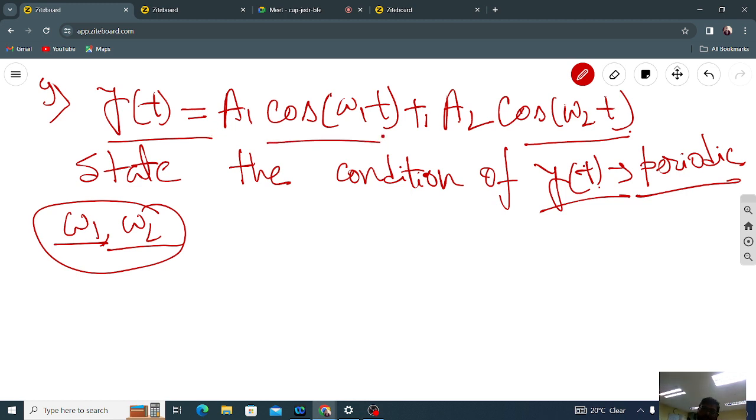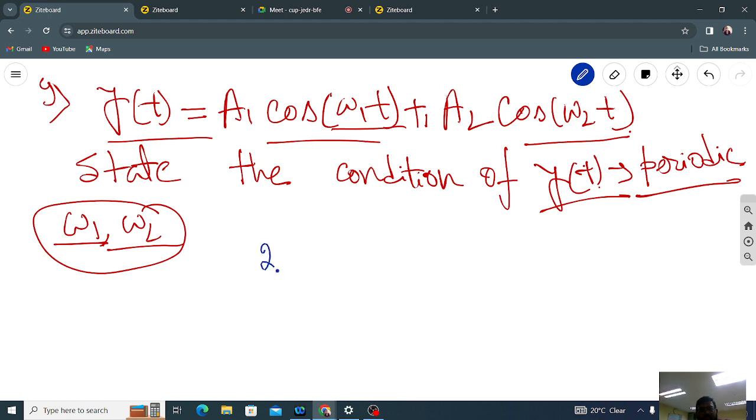Obviously this is for a continuous time signal. So this cos signal is periodic with what?